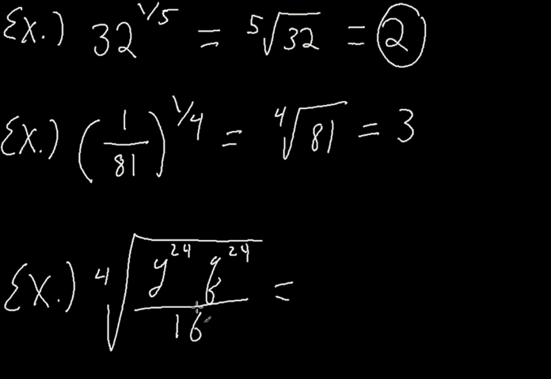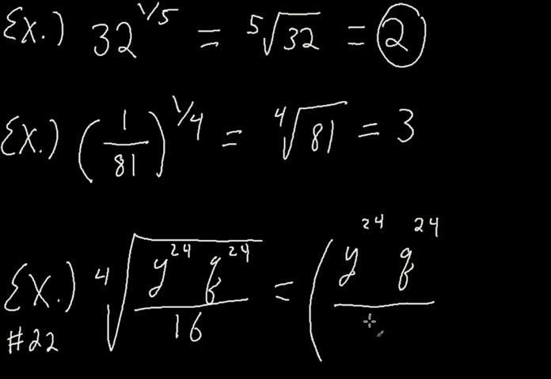All right, let's talk about how we can do it with algebraic expressions. Here, we're taking the 4th root of y to the 24th, q to the 24th, over 16. By the way, this is coming from problem 22. I'm going to go the other way, because I think it will be easier for this particular problem.